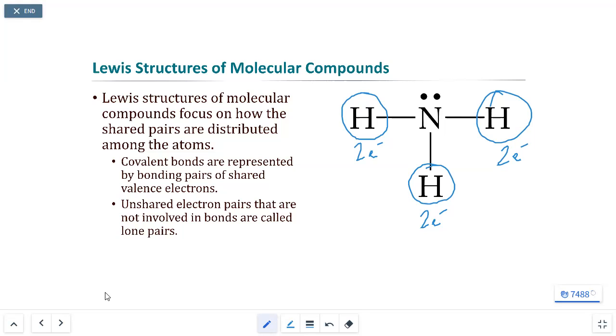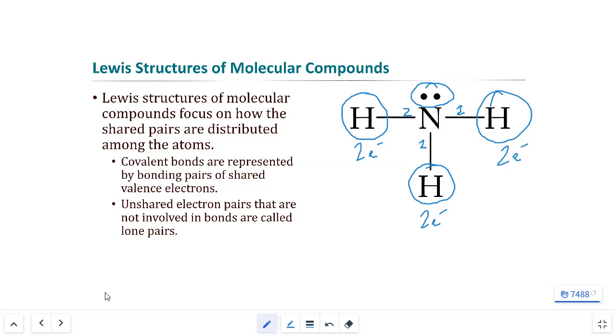For the nitrogen, I can see that I've got 2 electrons from this, 2 electrons from this one, 2 electrons from this one. That's 6 electrons around that nitrogen from its bonds. This extra set of dots there, those are unshared pairs of electrons.